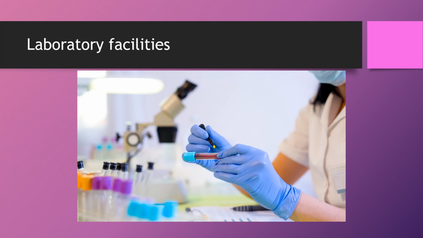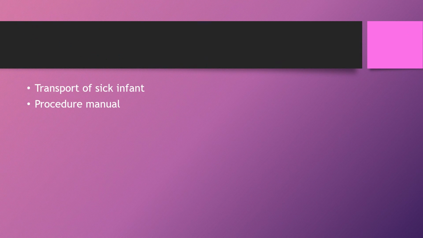Next one is laboratory facilities. In a well equipped hospital, inside the NICU there will be laboratory facilities. Then transport of sick infant and procedure for mammals. So everything is best attached to the NICU.